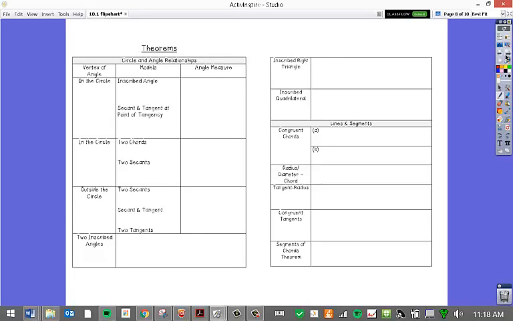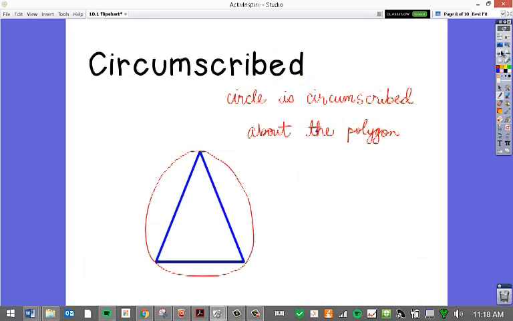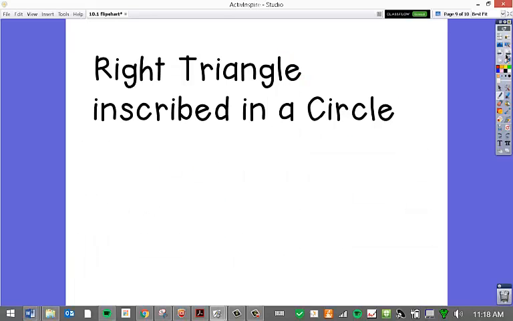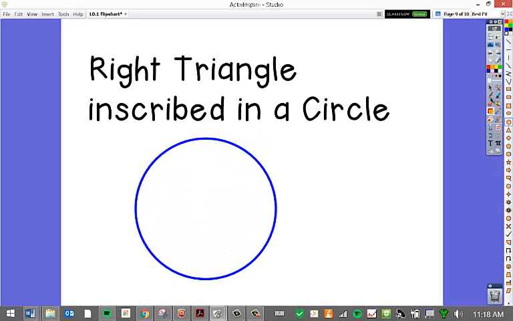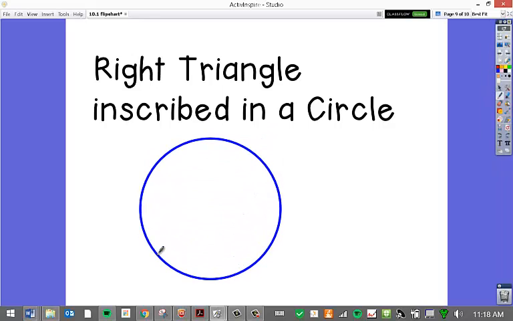Okay, so in this list, we're going to hop over to inscribed right triangle. Sorry. So when you have a circle and a right triangle is inscribed in that circle, the hypotenuse of the right triangle is always the diameter.